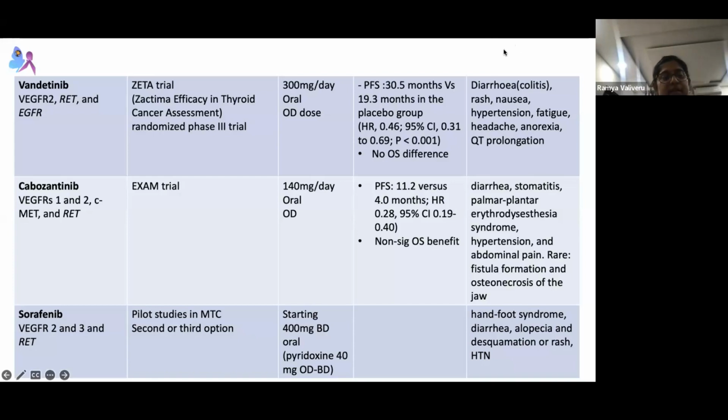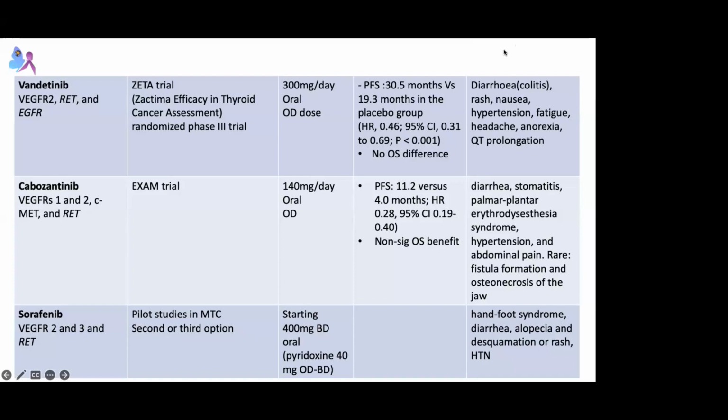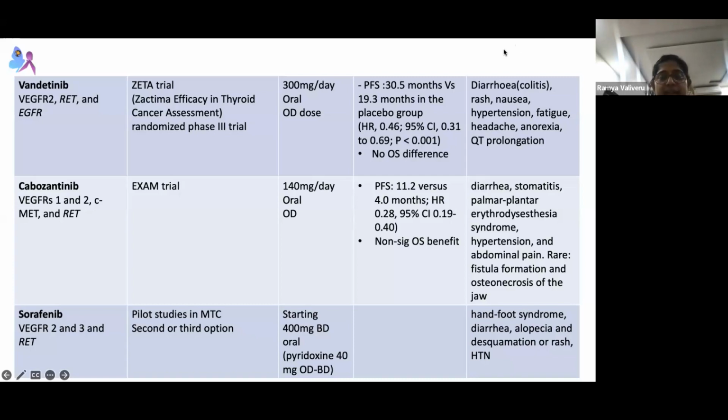Zeta trial, EXAM trial, and so these are the various trials that have tried using vandetanib, cabozantinib. However many times we read, we just have to remember that mainly for MTC it is vandetanib and cabozantinib, and of course sorafenib is a non-specific one that can be used in this as well as in other thyroid malignancies. And the dosages and the PFS, prolonged progression-free survival, all these have to be remembered, all the numbers.